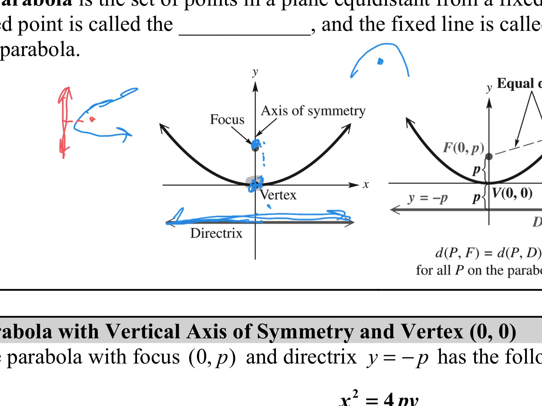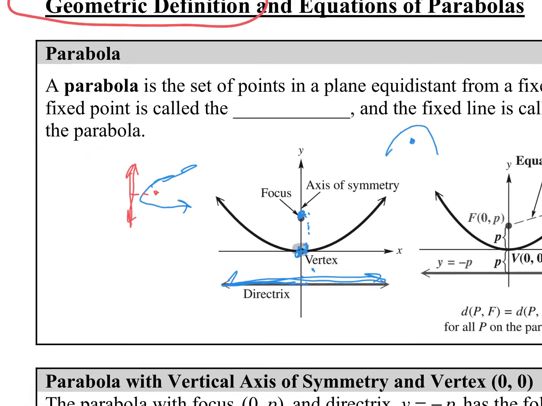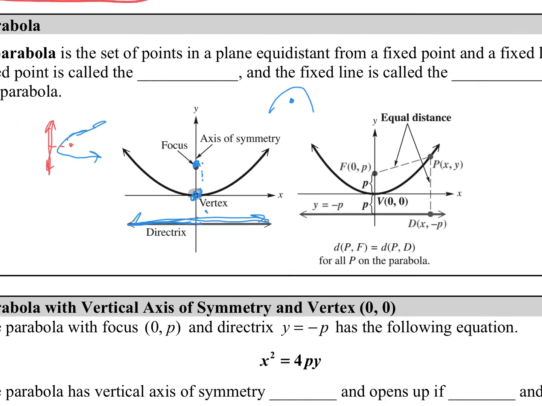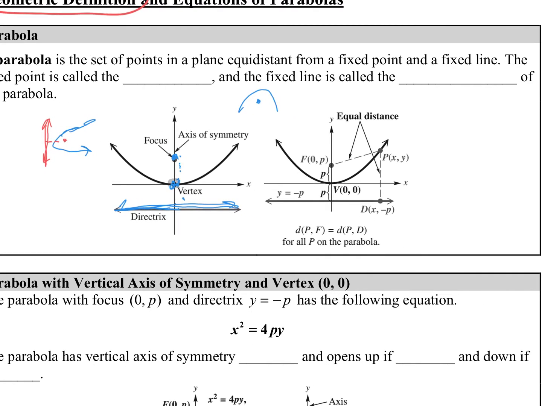That's your directrix. So a parabola is a set of points in a plane equidistant from a fixed point and a fixed line. That's my fixed point. This is my fixed line. Everywhere on this parabola, if I connect a perpendicular, no matter which way I'm going to go, there's another distance that is the same.